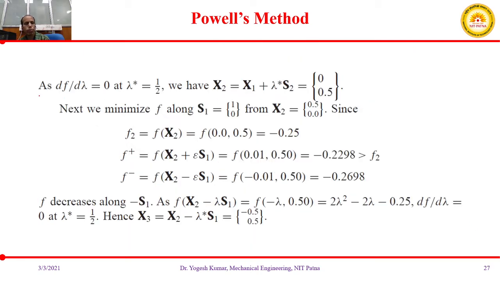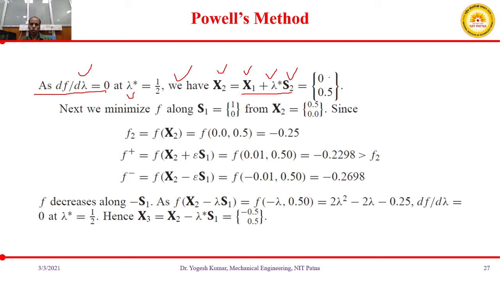I hope you are able to understand how we took the derivative of your new function, and we calculated the value of lambda equal to 1 by 2. So now we have a new value of x2. x2 will be x1 plus lambda s2, because we have found the value of lambda. We already know the value of s2. We have the value of x1.